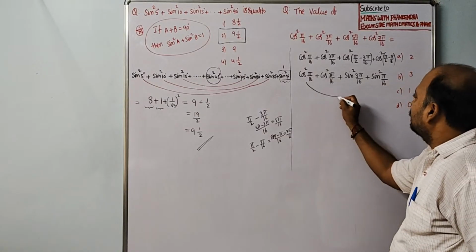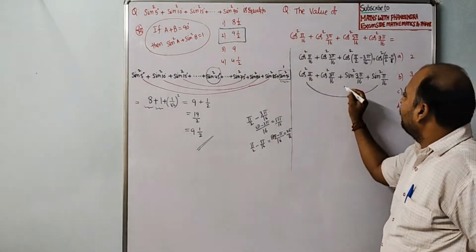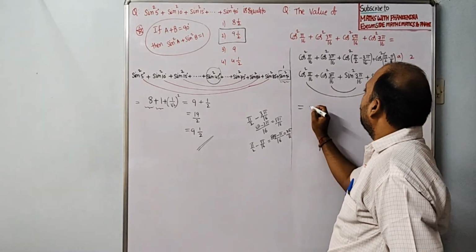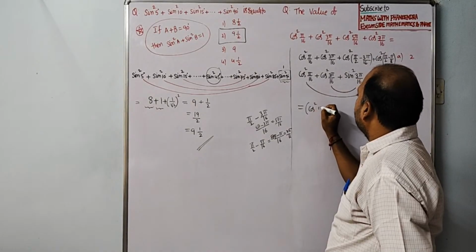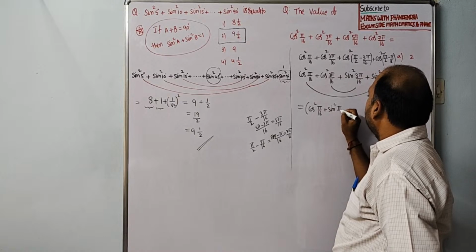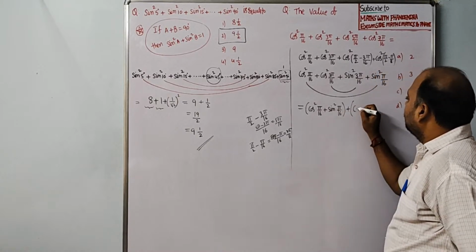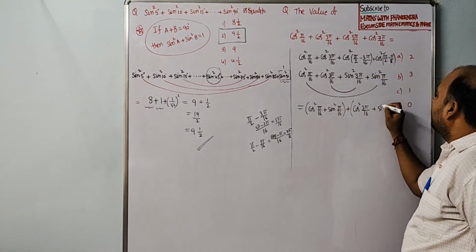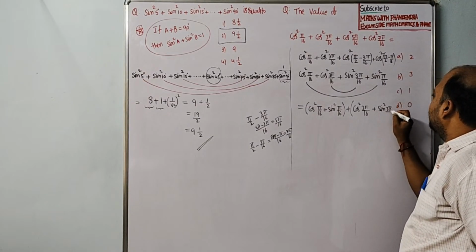Now sin square theta plus cos square theta value is 1. Cos square 3 pi by 16 plus sin square 3 pi by 16. So we write it like this: cos square pi by 16 plus sin square pi by 16 plus cos square 3 pi by 16 plus sin square 3 pi by 16.